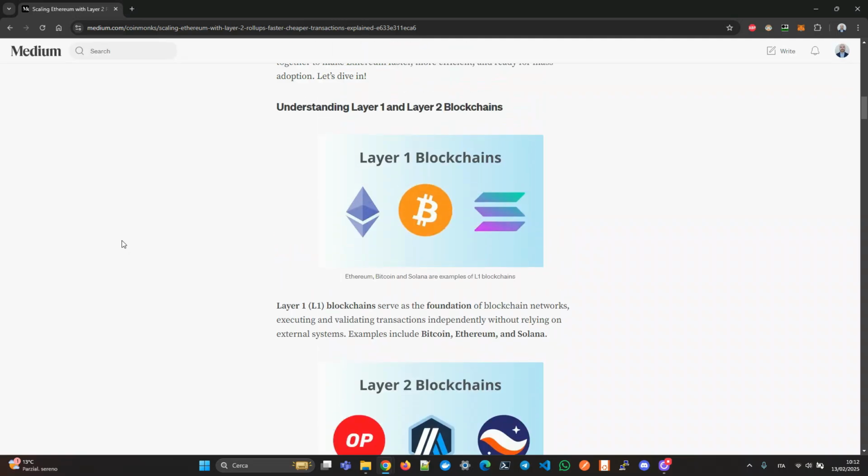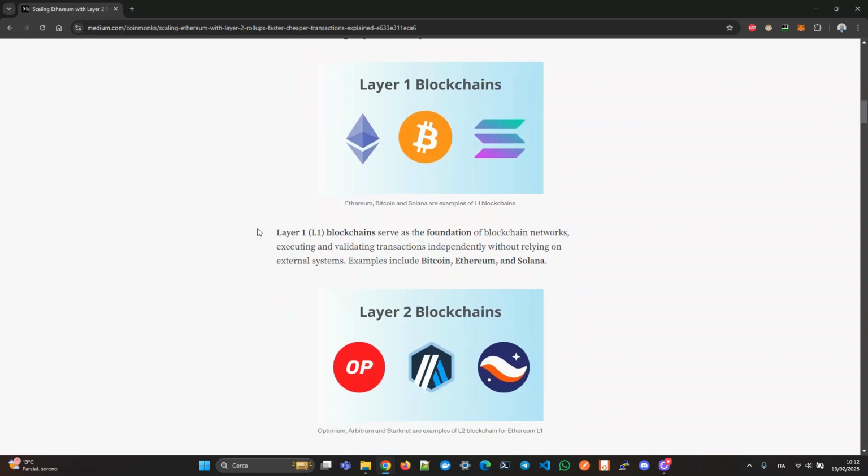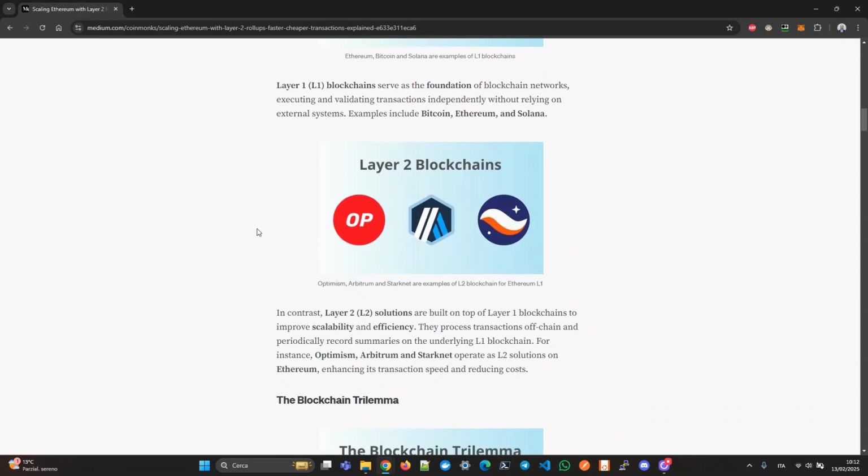A layer 1 blockchain is the main blockchain that does not rely on an external system, for example Ethereum, Bitcoin, or also Solana. A layer 2 blockchain, in contrast, is another blockchain, a parallel blockchain we could say, that is built on top of the layer 1.